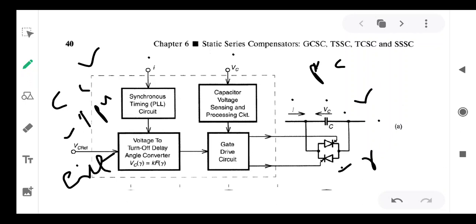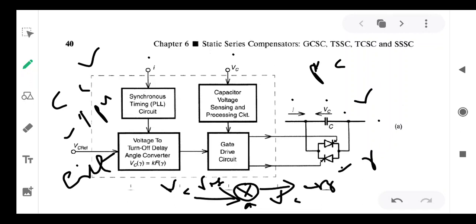So this VC reference is given here. One more signal is VC. Now you will obtain the error from the summing junction.